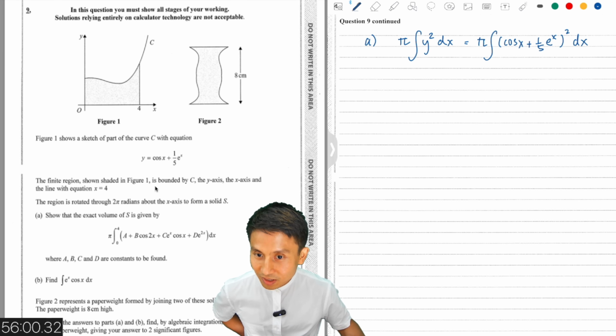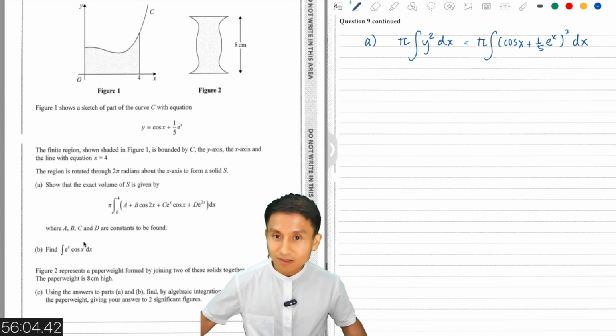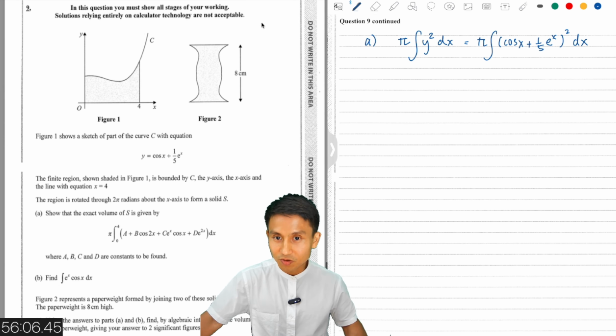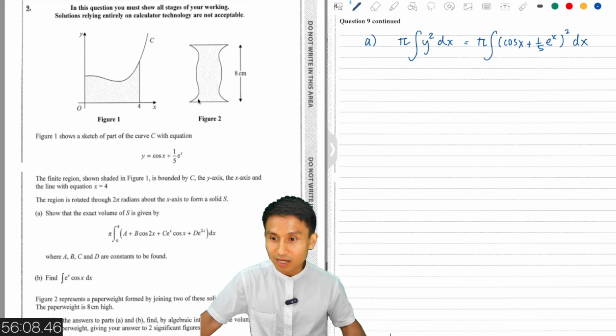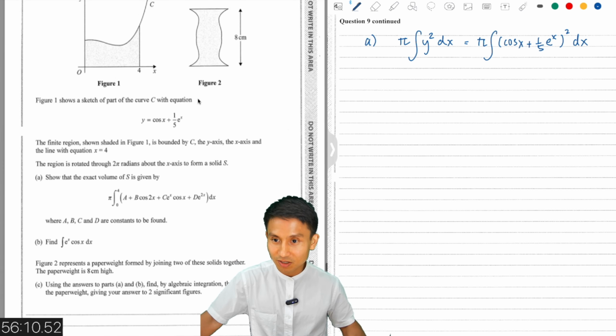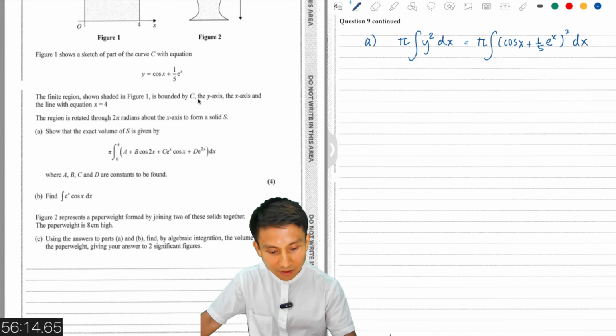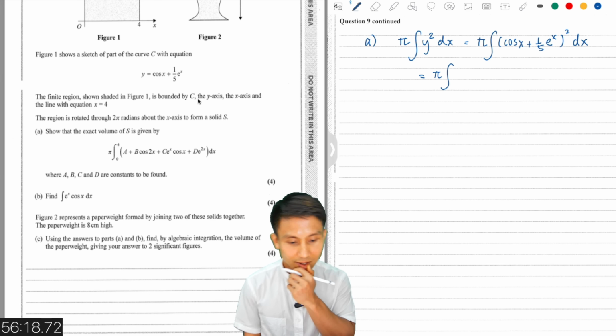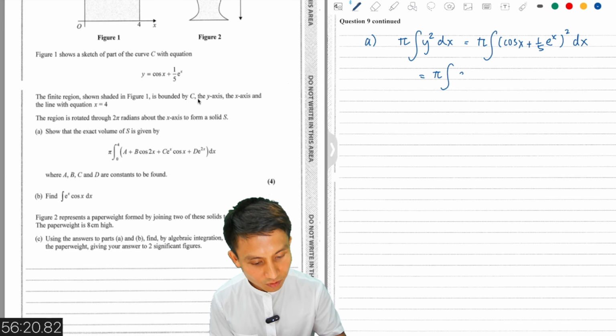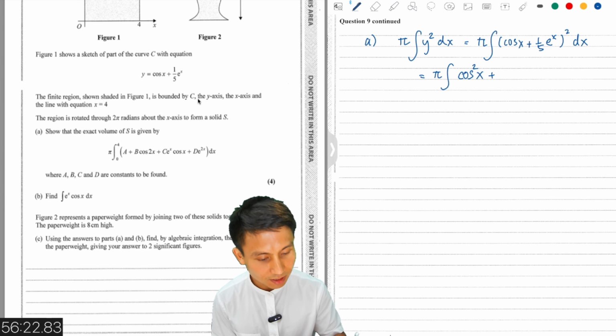I'm just going to be careful here because it mentions figure 2 down here. So this has got nothing to do with figure 2 yet in part A. Just going to integrate that. So equal pi integral. Well, let's expand that, right? So we're going to get cos squared x plus 2 times cos times 1 over 5 e to the x.